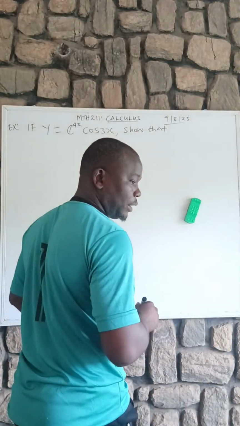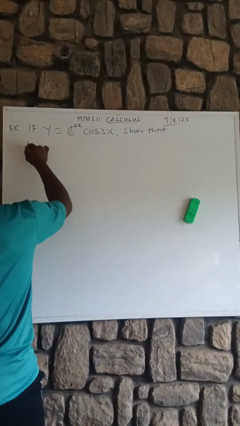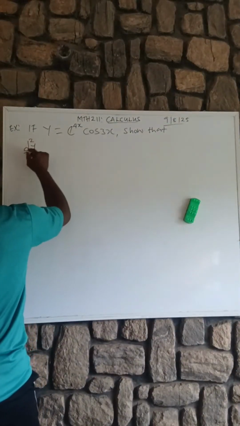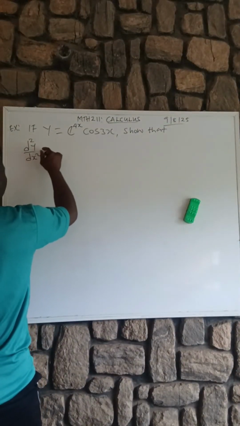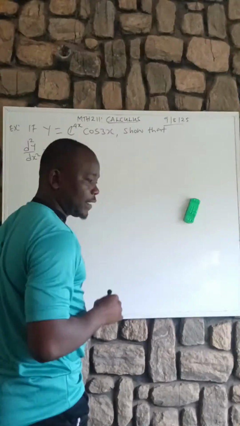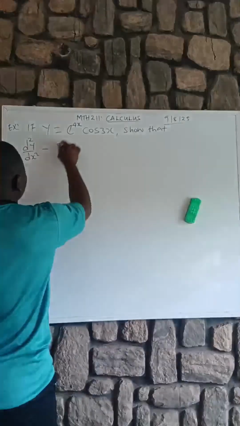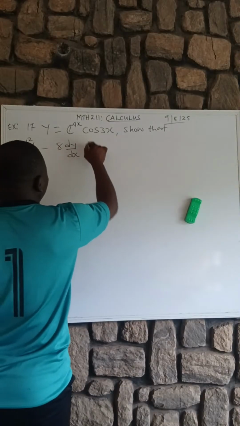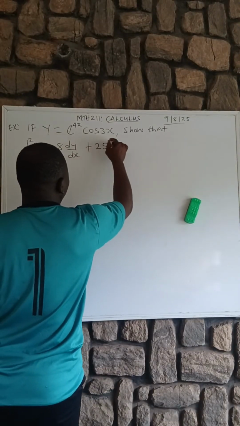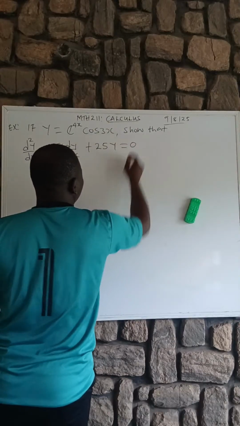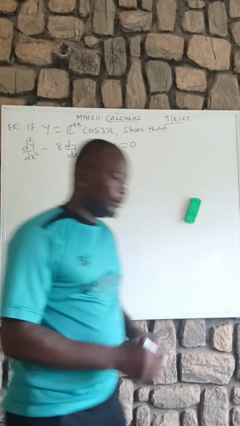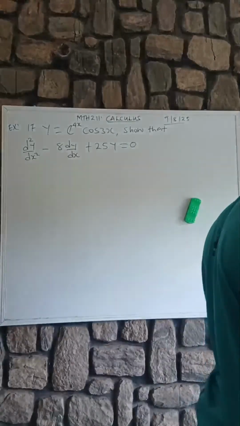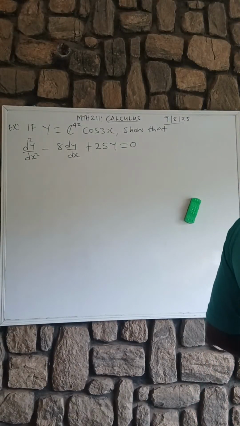d squared y over dx squared minus 8 dy over dx plus 25y equals 0. Yeah, it's a very good question that we are going to look at.